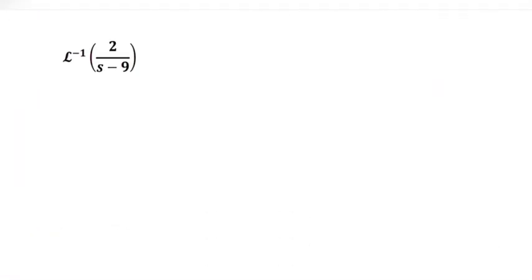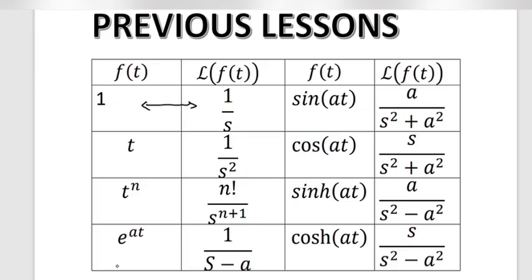Yeah, for the second example, you're asked to find the Laplace inverse of 2 over s minus 9. And this is the same as you can pull out the 2 into 2 times the Laplace inverse of 1 over s minus 9. Okay, and if you look at the table, you can see that this is s minus a, exponential at.